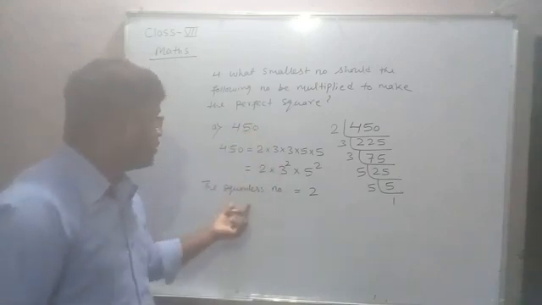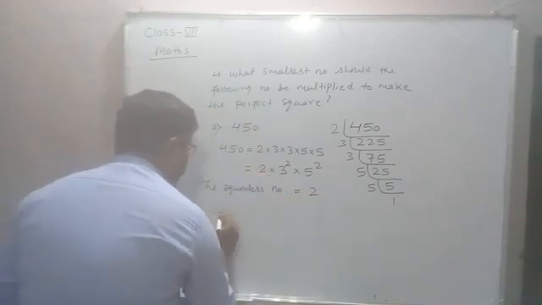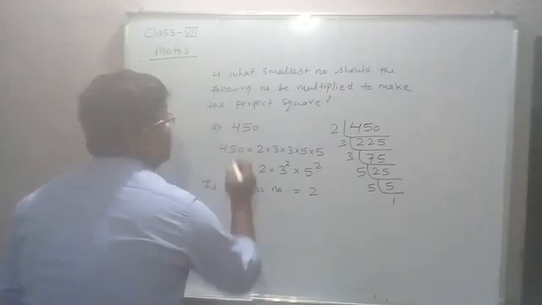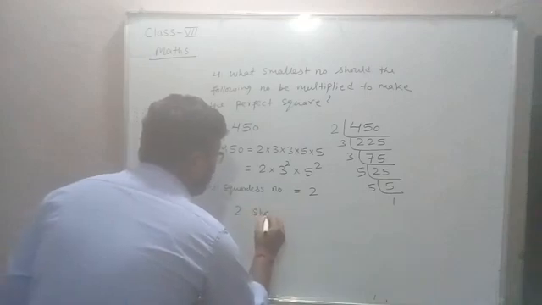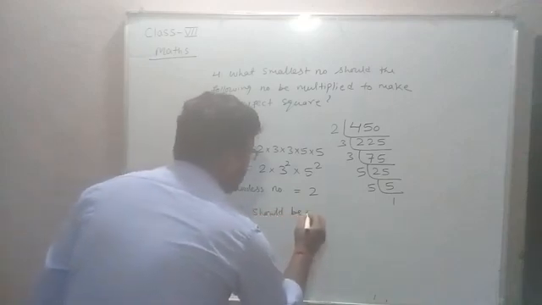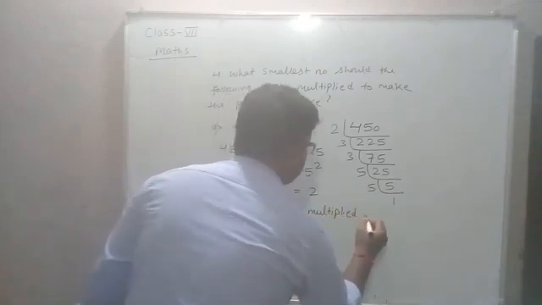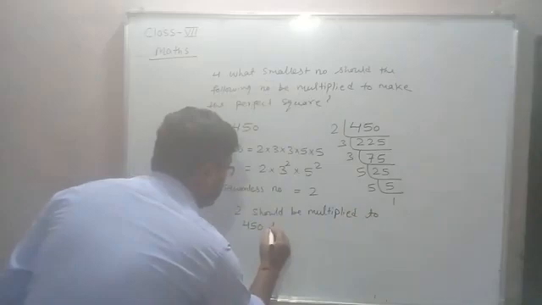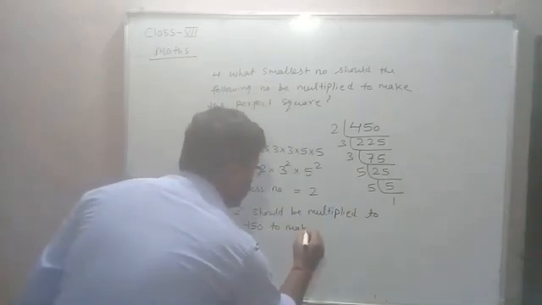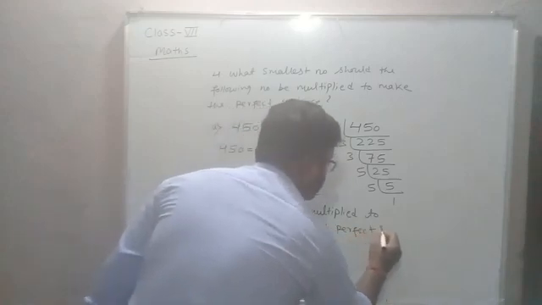So the squareless number is 2. Therefore, 2 should be multiplied to 450 to make it a perfect square.